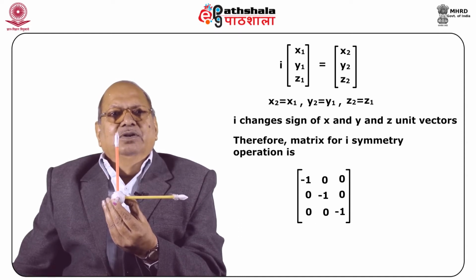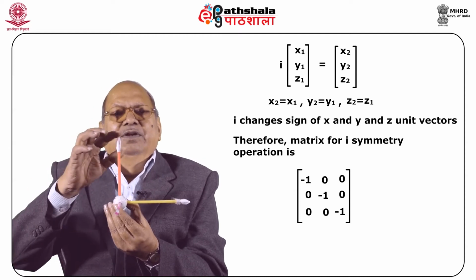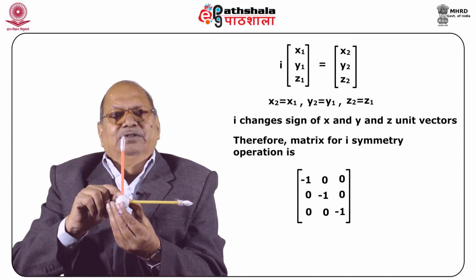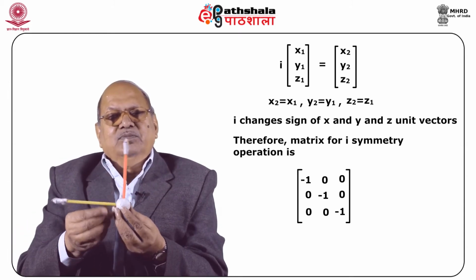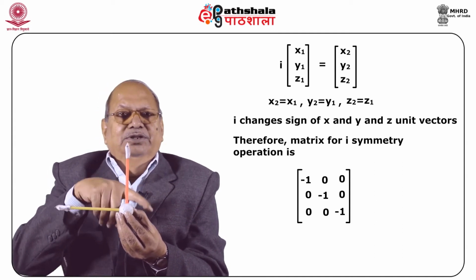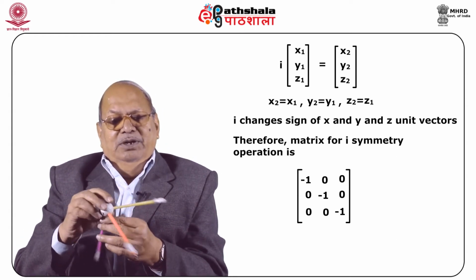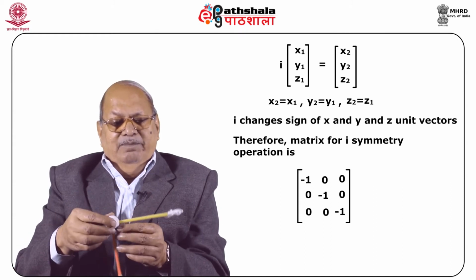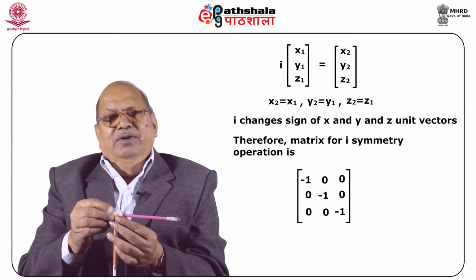Now, let us see what happens to these vectors under the center of inversion. If I perform the center of inversion, I have to reflect through these points. Earlier it was like this. I have to reflect this through this, this through this, and this through this. So we will have our figures like this.